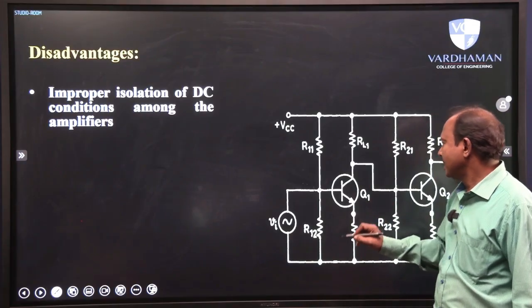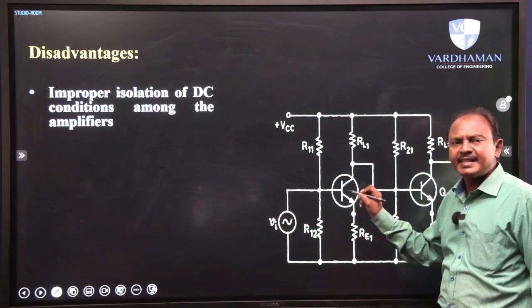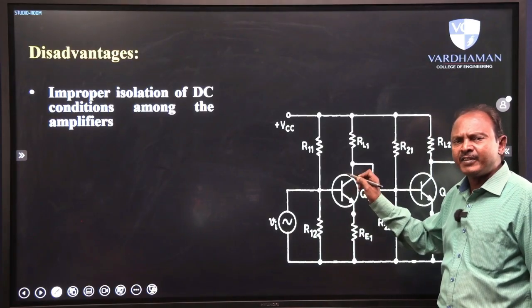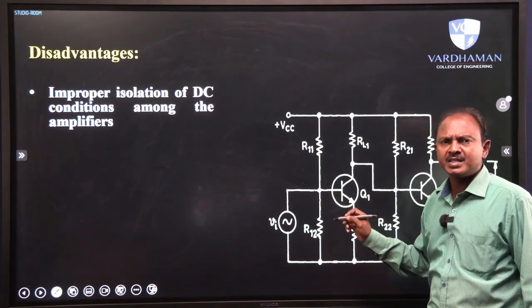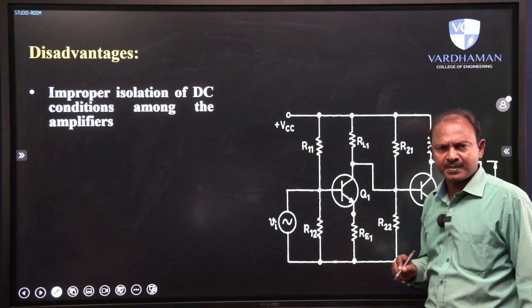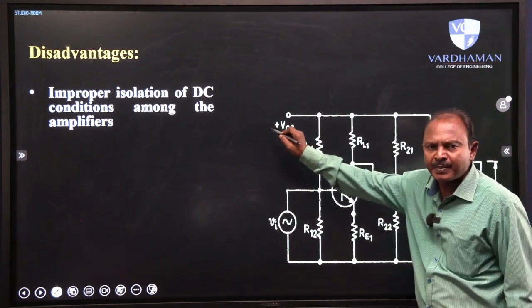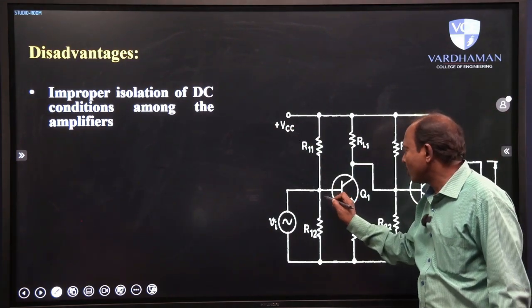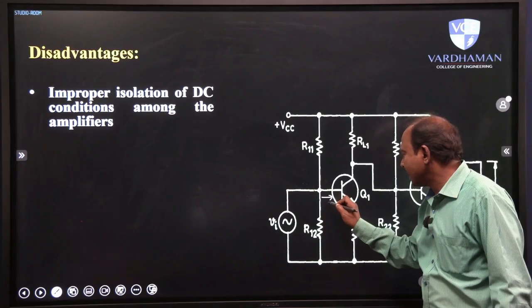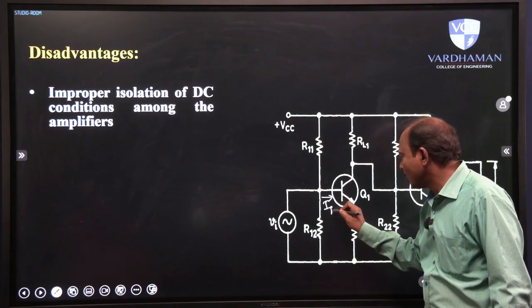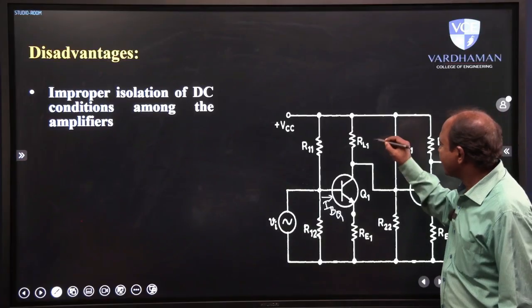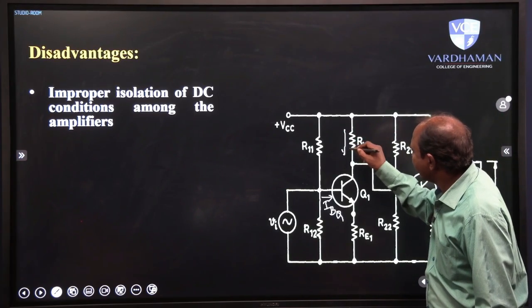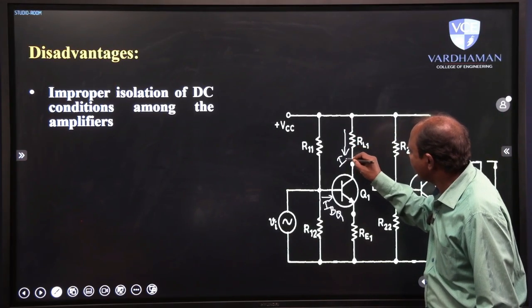Look at this. We know that while designing every single stage amplifier, we maintain an operating point, meaning we maintain certain DC conditions. With the help of the DC power supply, we maintain a certain amount of DC base current IB or IBQ for stage 1, so that ICQ is maintained at the desired location of the operating point.